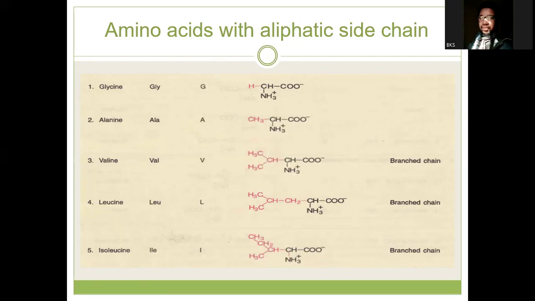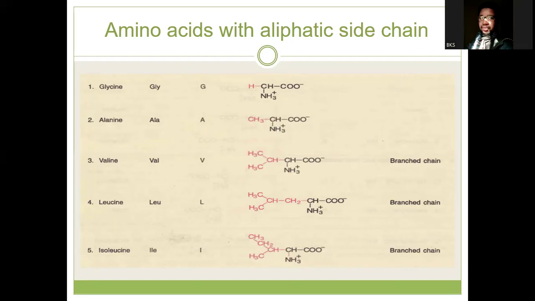Good. So we said the simplest is glycine. And we said this glycine, how it differs from the basic unit of all the amino acids is that the R group or the side chain is just a hydrogen. So you can see all the side chain here from the structure in red.